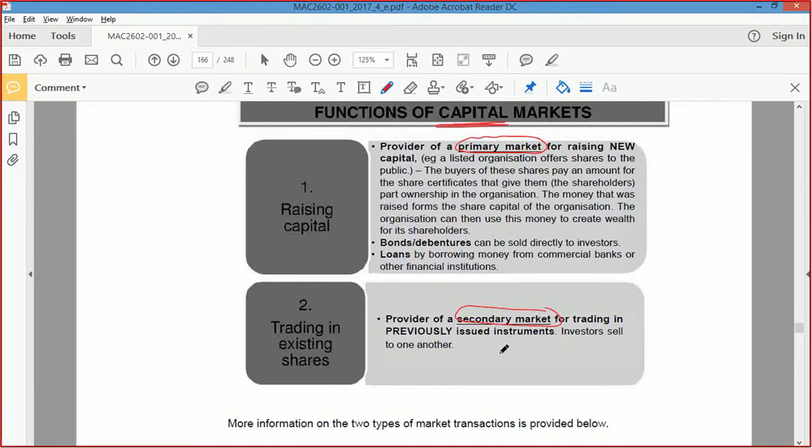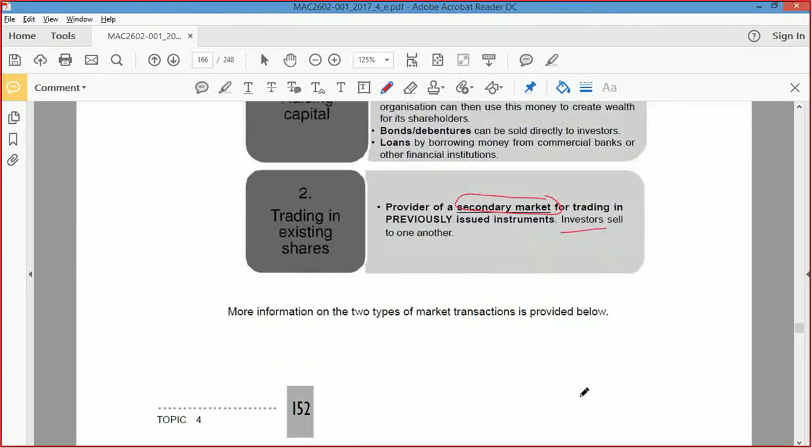Meaning, are we buying and selling those instruments between other investors, or between the company? Are we actually buying from the company, or from other investors? Same as what we spoke about with the cars. Am I buying from the manufacturer, or from a different owner that's selling their vehicle? That's what you're looking at.